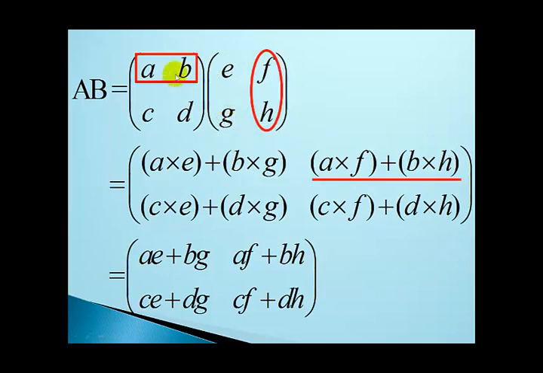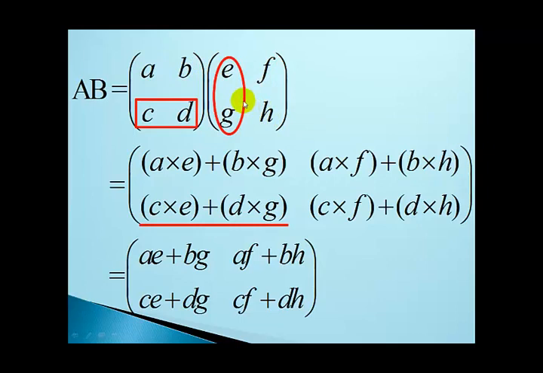The same first row will multiply the second column of the second matrix. So we have a times f plus b times h. Now we are done with the first row, so we come to the second row. So the second row multiplies the first column. So we have c times e plus d times g.